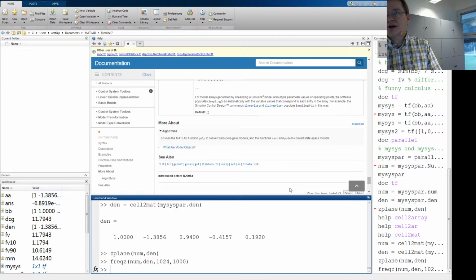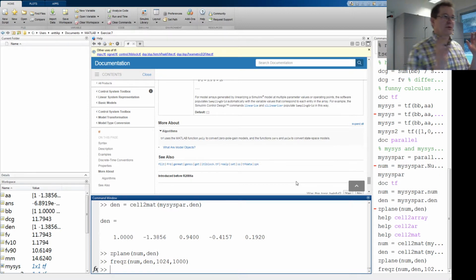So transfer function as a transfer function object. You build it with TF from numerator coefficients and denominator coefficients, and adding the sampling rate actually gives you a z-plane transfer function.